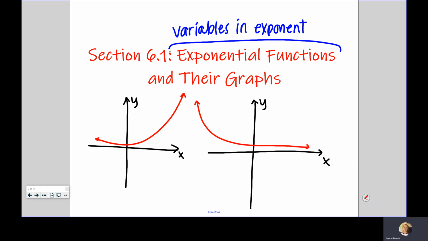So think about, when you raise a number to a power, it gets big really fast. Or it can get really close to zero really fast if you have a negative number in the exponent. So when you see an exponential function, this is kind of what you expect to see for the graph.